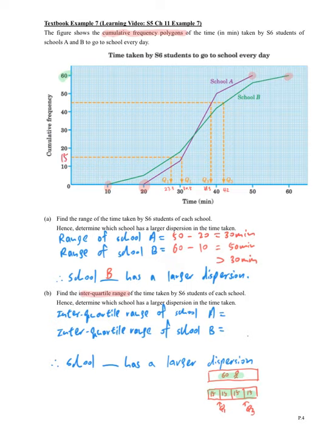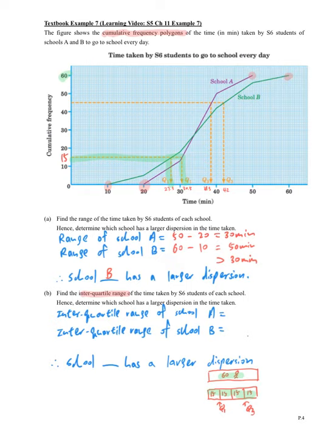We would like to find the traveling time of the 15th student, because our original data is about the traveling time. That's why 15 is not a data here. Instead, there's 25.5 and 50.5 for school B and school A respectively.